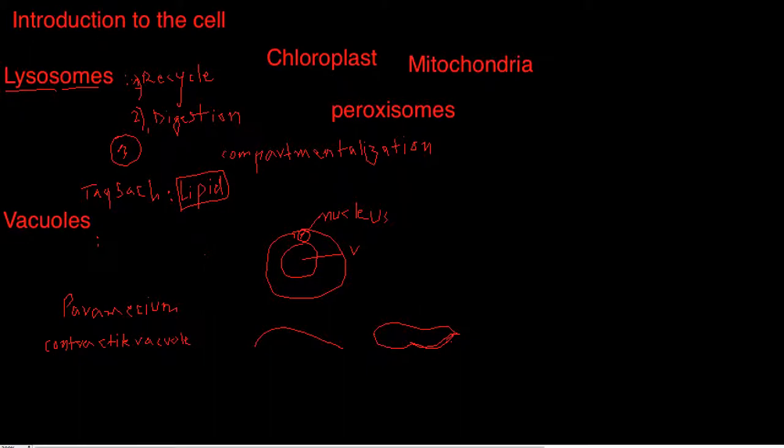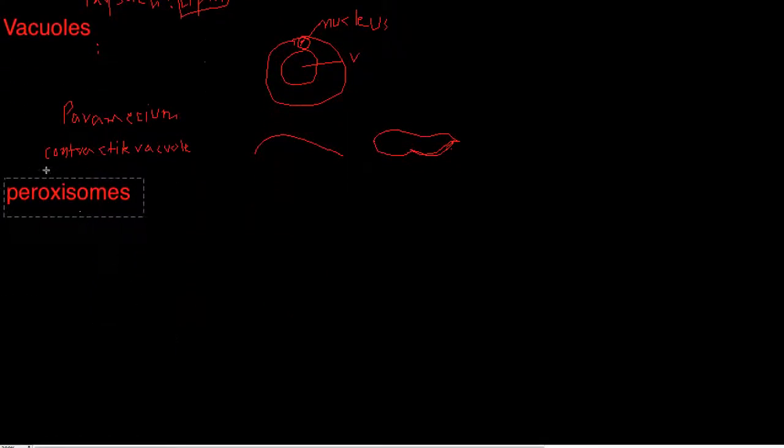Now, coming to our next organelle, let's pick up this one, because the chloroplast and mitochondria are somehow related to each other. So peroxisome, it's another organelle whose function is that it processes fatty acids for energy production, and it detoxifies alcohol.